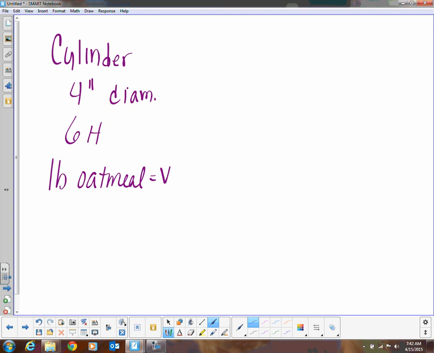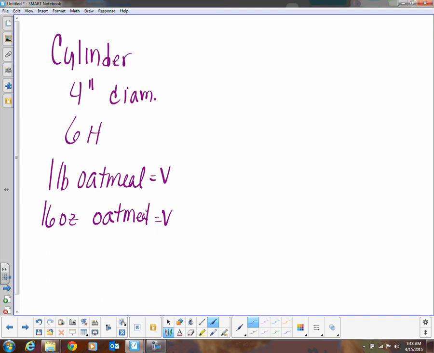They told us that 1 pound is 16 ounces. So can I make this 16 ounces of oatmeal? That's a volume measure, ounces. Okay, that's my volume.